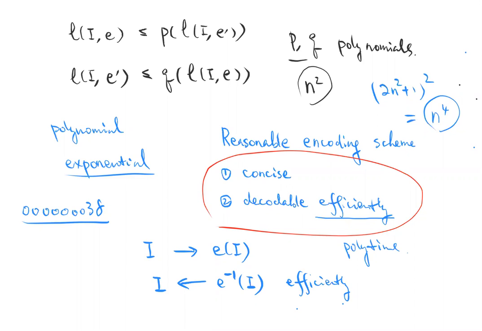Here you see it comes in different ways: in terms of length, it's a polynomial; in terms of encoding and decoding time, it's a polynomial, and so on. All right. So with these concepts, we can come up with what we mean by an efficient algorithm. It very naturally leads to the concept of an efficient algorithm.